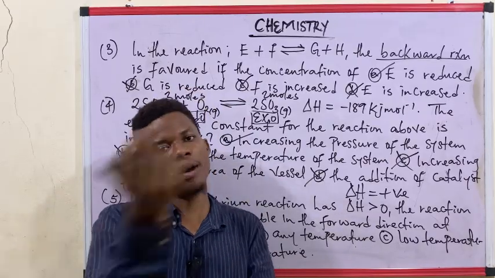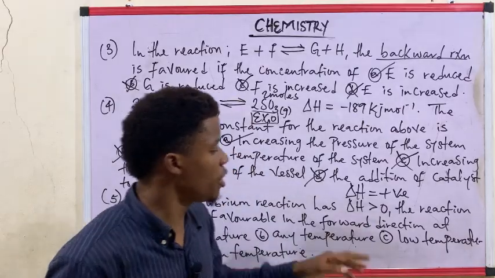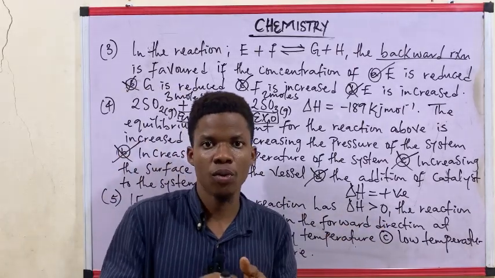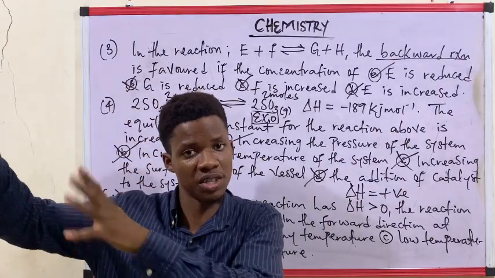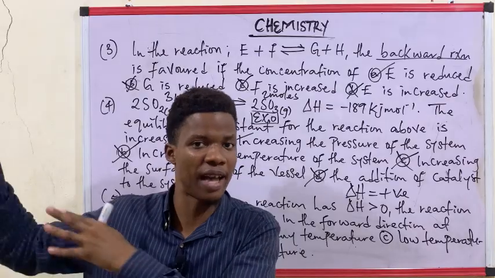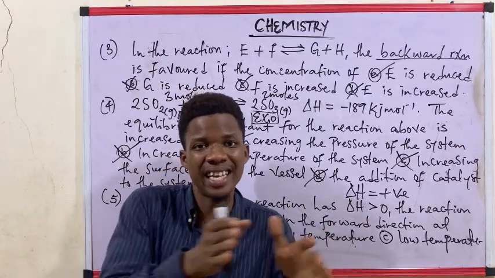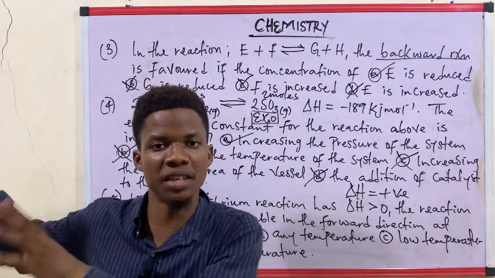After 0, if I'm still moving down, what do I have? -1, -2, -3. So if delta H is greater than 0, it means we are going after 0: 1, 2. So it's going in the positive direction. If they said less than 0, that means delta H is going in the negative direction. So greater than 0 means delta H is in the positive direction.